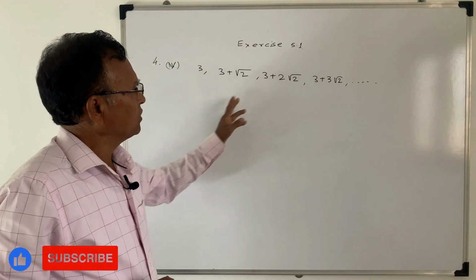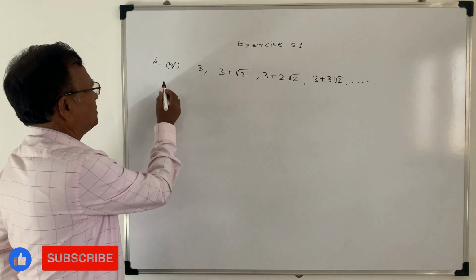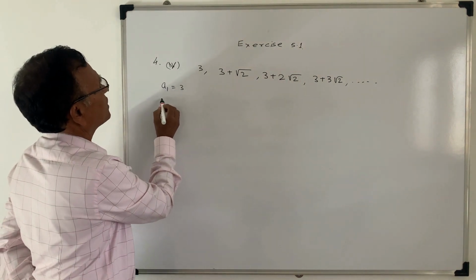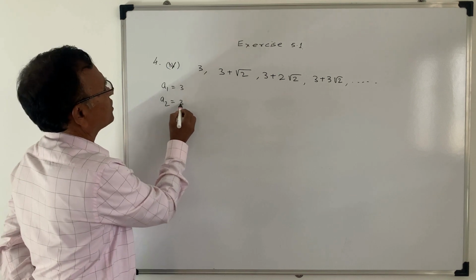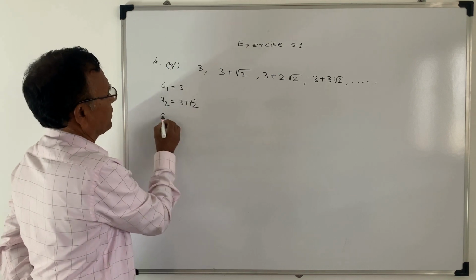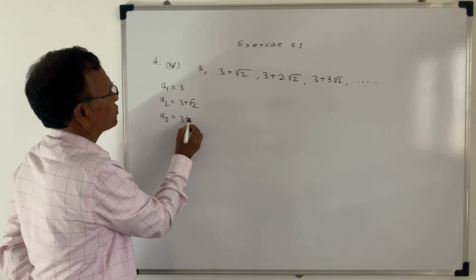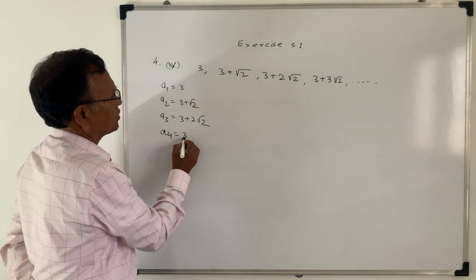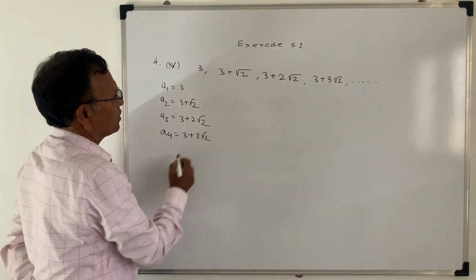So here also you write the first term a1 is equal to 3, a2 is equal to 3 plus root 2, a3 is equal to 3 plus 2 root 2, and a4 is equal to 3 plus 3 root 2.